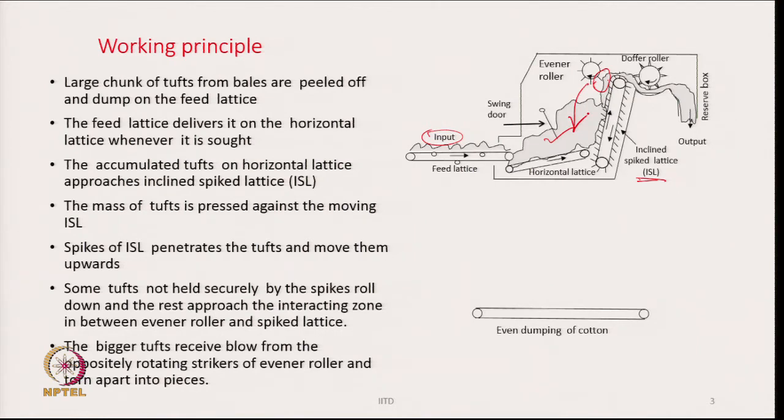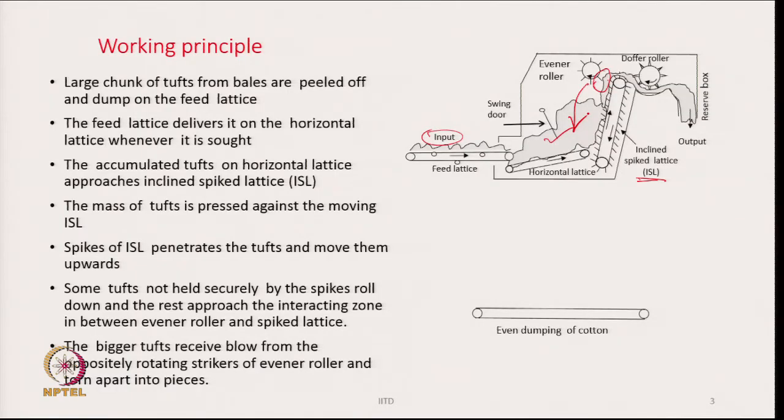The other part will move forward. That means a large tuft will be broken into pieces, and the smaller piece will be able to pass through the interacting zone, and the other piece which is not held by the spikes will be thrown back into the bin part of the machine.